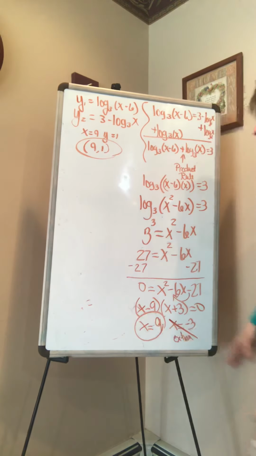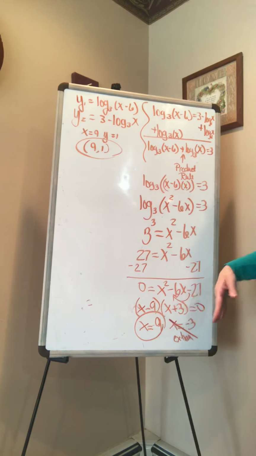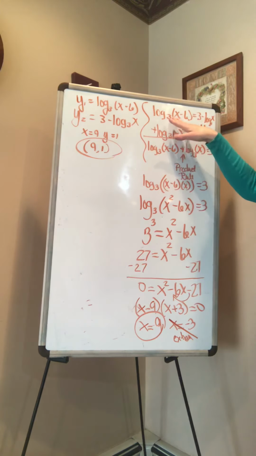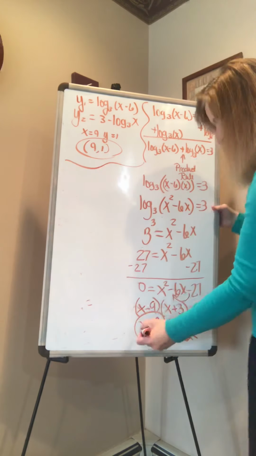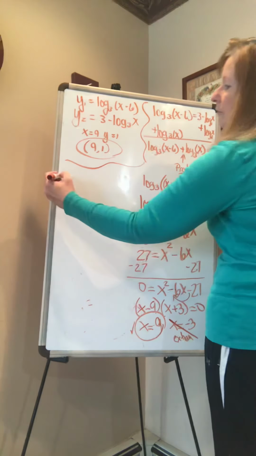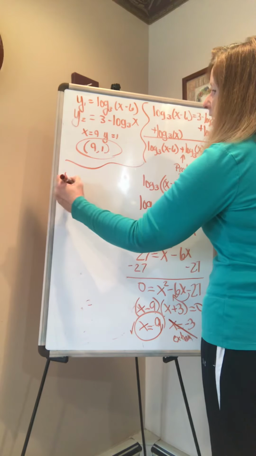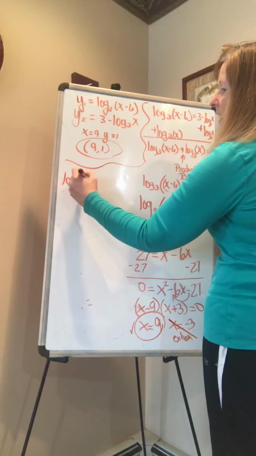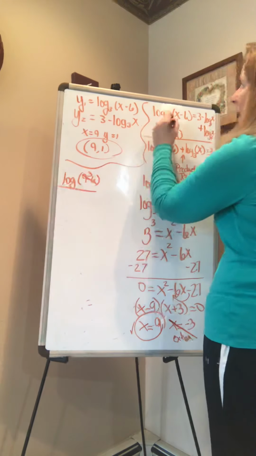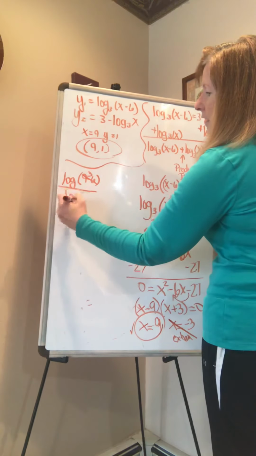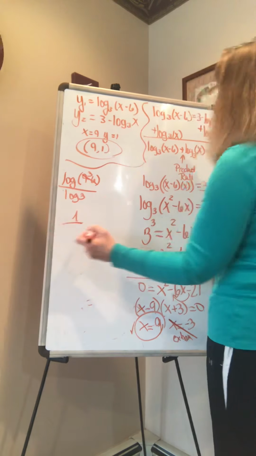Here's 9. After you find that x is 9, to complete the algebra, knowing that this is my x, I would have to type in the log of 9 minus 6, or the log of 3, divided by log of 3. This will give me 1 whole.